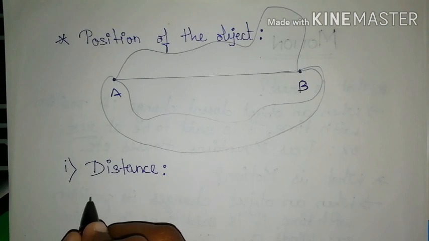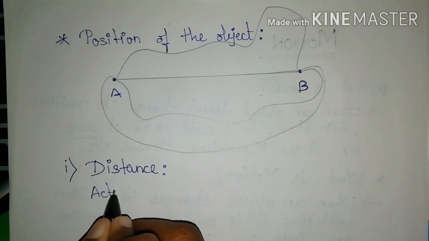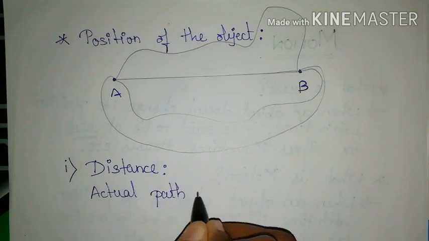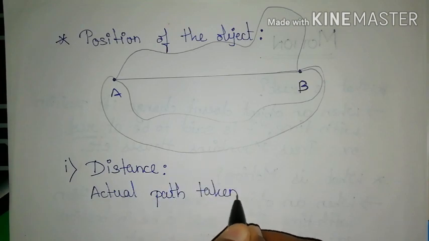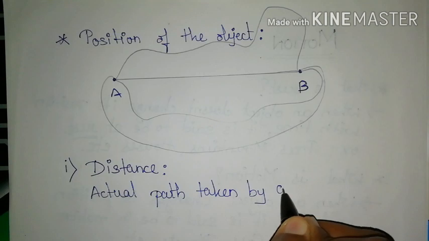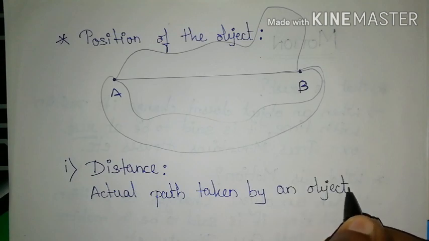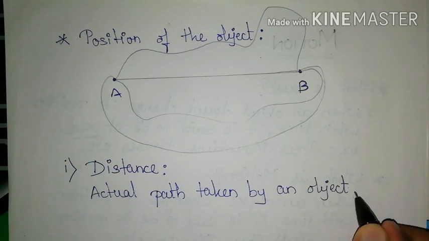It is defined as the actual path taken by an object.